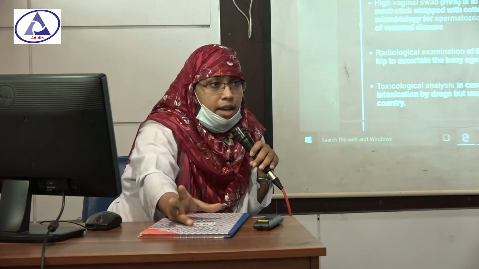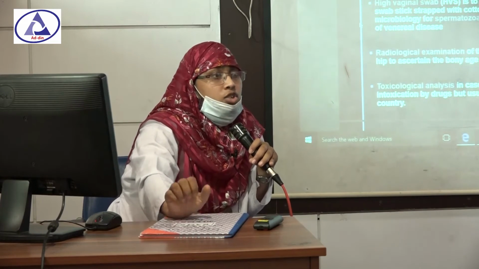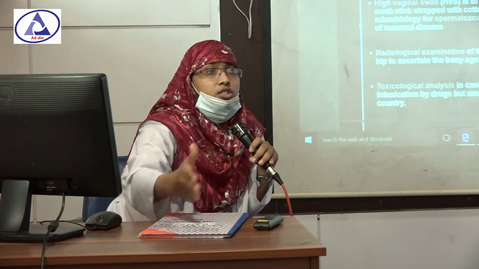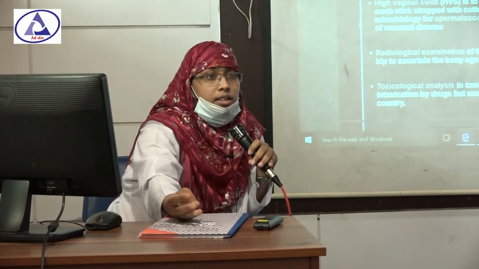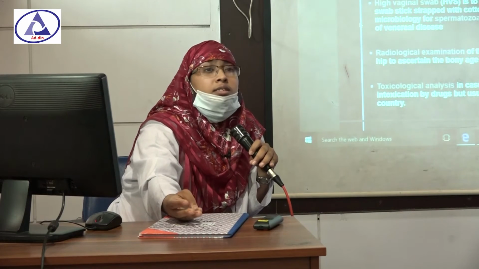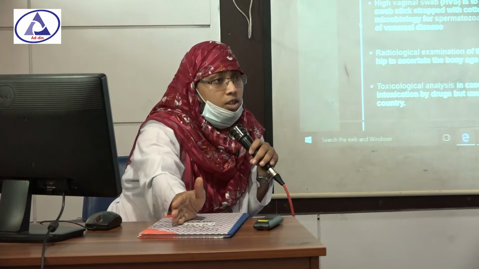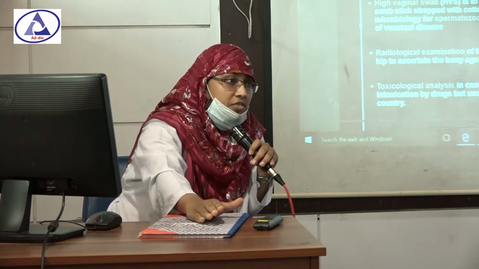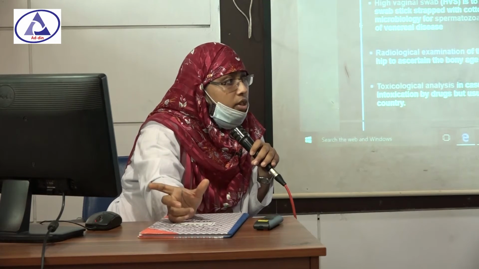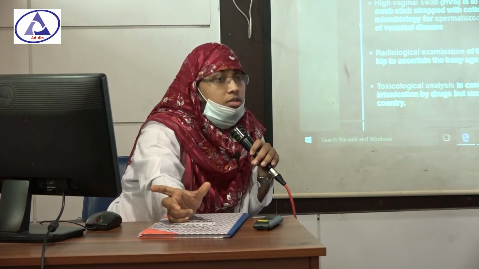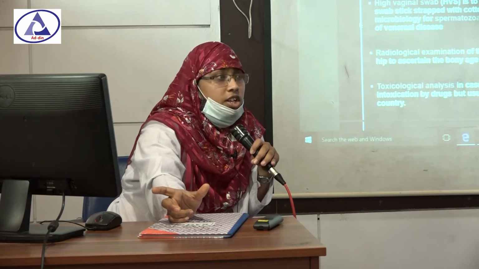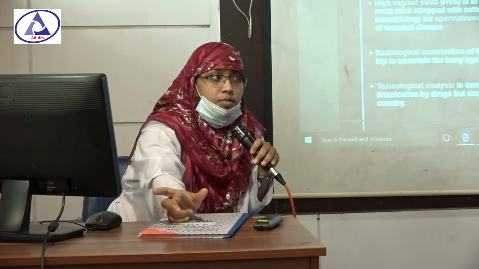What samples should you collect, what organs? Commonly three: stomach and its contents, liver and kidney. Other than these, blood and urine. What is the preservative used for the liquid samples? Sodium fluoride, potassium fluoride. Don't memorize blindly.